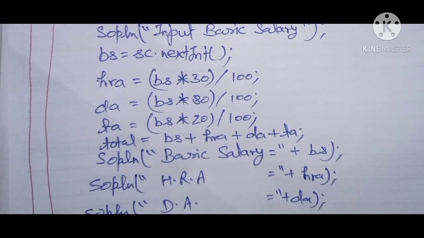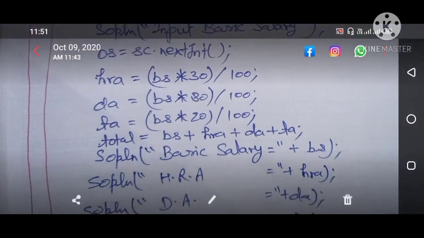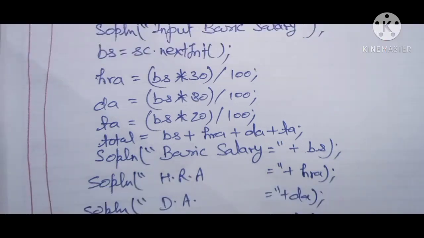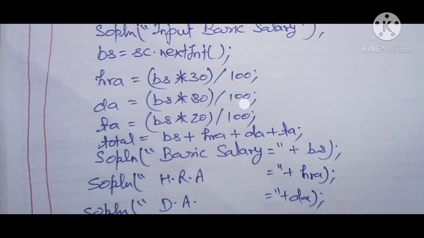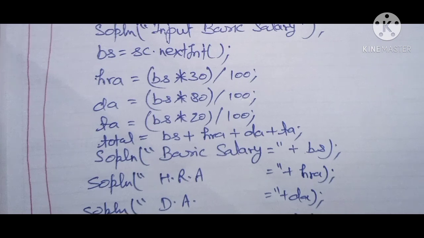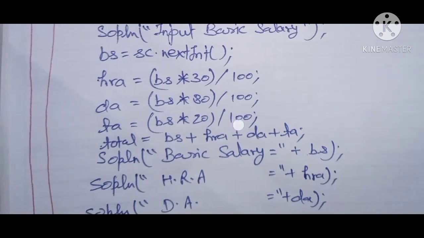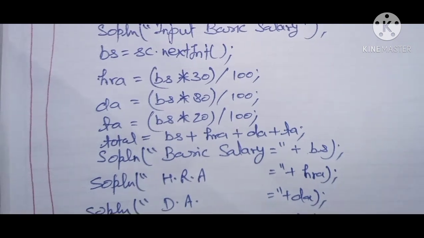Same thing we have to calculate for DA, 90% of basic salary, which means 90 multiplied by bs and divided by 100. And same thing for the TA. TA means 20% of basic salary, which means 20 multiplied by bs divided by 100.